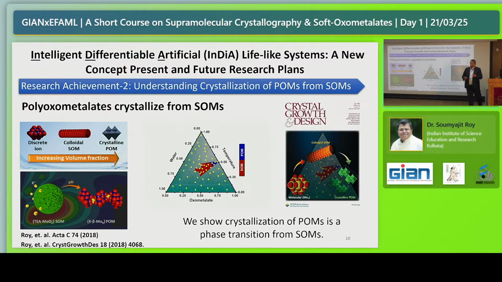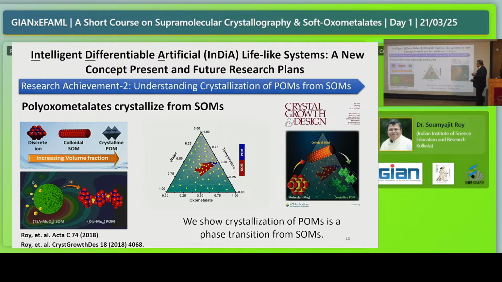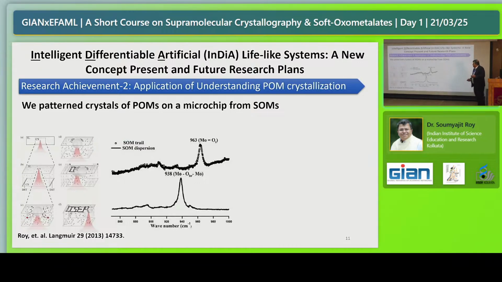That means you indeed have a situation where you have the liquid-like anions, then they form this colloidal entity which is a little bit more dense, and within this colloidal entity you get again the crystalline polyoxometalates, right? And this shows, for instance, that you can have a change in phase by just increasing the volume fraction or by increasing the pH.